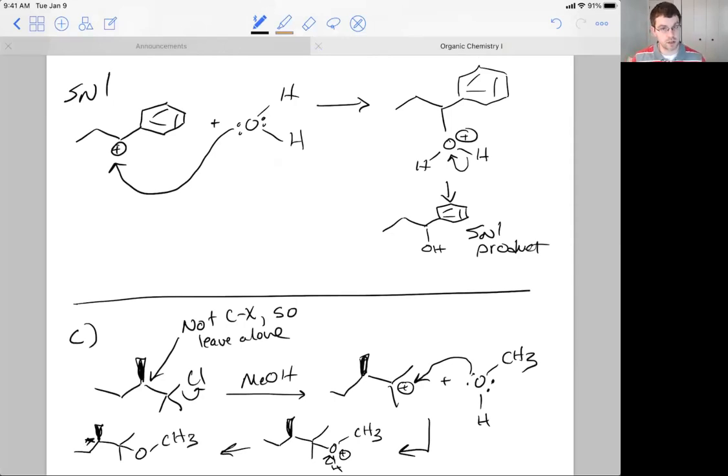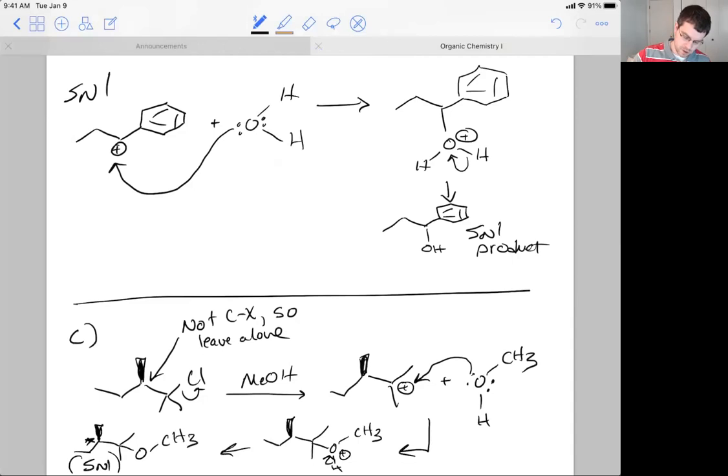In fact, we have a single enantiomer in this case because the stereocenter that defined the chirality of the molecule was not involved at all in our SN1 reaction. It will be slightly in the E1 reaction, but we'll look at that and we'll see why it's not a big deal. But anyway, so here is the outcome for the SN1 reaction.